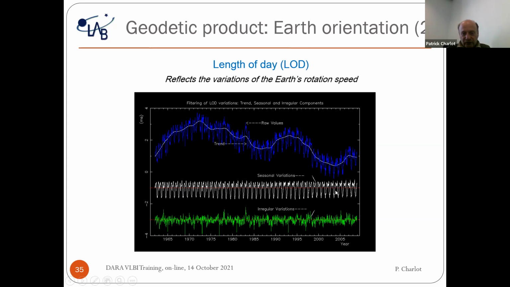You have seasonal variations because it depends on yearly effects, and then if you remove this and remove this, you get something that is not noise, but which reflects the irregular variations of the Earth's rotation, and this is what you measure. Okay.